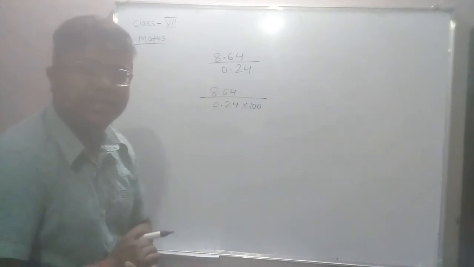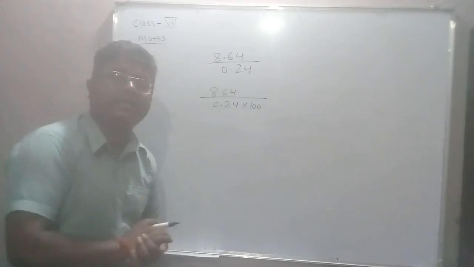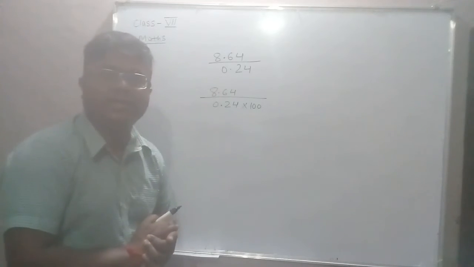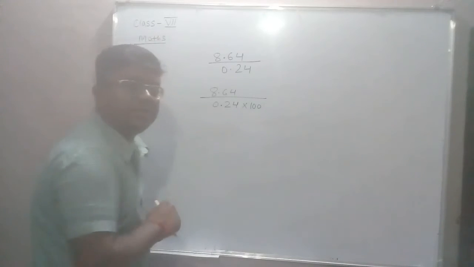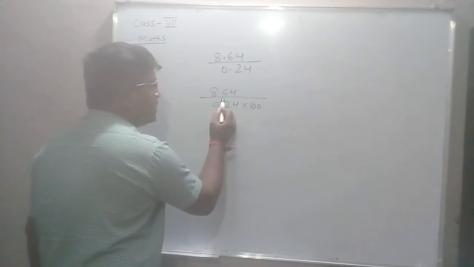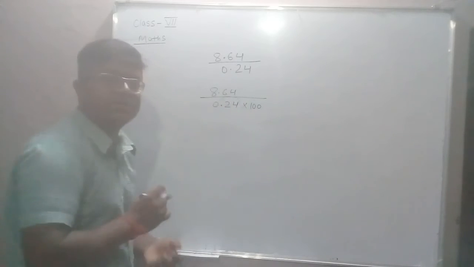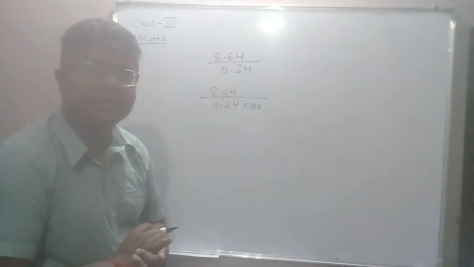If there is 1 digit, multiply by 10. If there are 2 digits, multiply by 100. If there are 3 digits, multiply by 1000. If you multiply by 100 here, the decimal will shift towards the right and it becomes 24. So we know the table of 24.